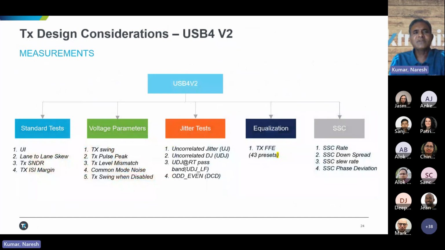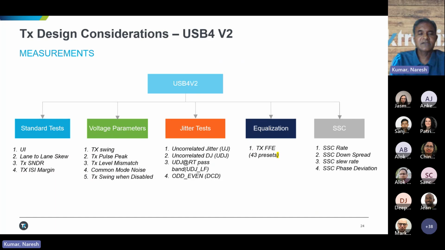One example, since we saw an example of DDR, I thought an example of USB would be good to show you what kind of measurements are defined by the standard. The USB org has defined these parameters are important to be measured when you are validating a USB 4 design. So what are the measurements required? And I'll tell you why I'm talking about these measurements.